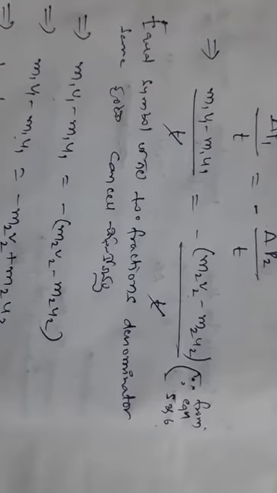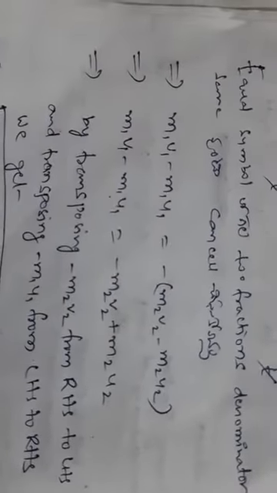Already we know in mathematics, when two fractions have the same denominator on both sides of the equal symbol, we can cancel it. So here t and t cancel. Then we have m1 v1 minus m1 u1 equal to minus of m2 v2 minus m2 u2.